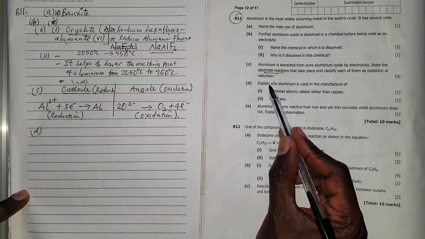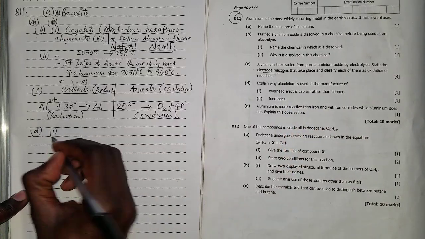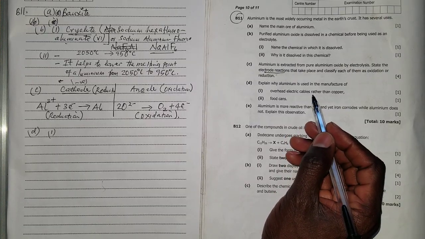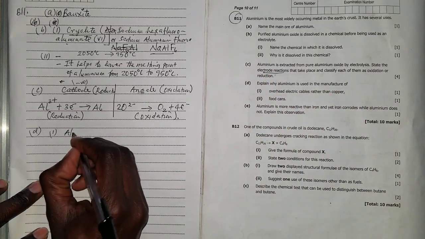Then this says, explain why aluminium is used in the manufacture of overhead electrical cables rather than copper. So why do we use aluminium? The truth is that aluminium is lightweight.